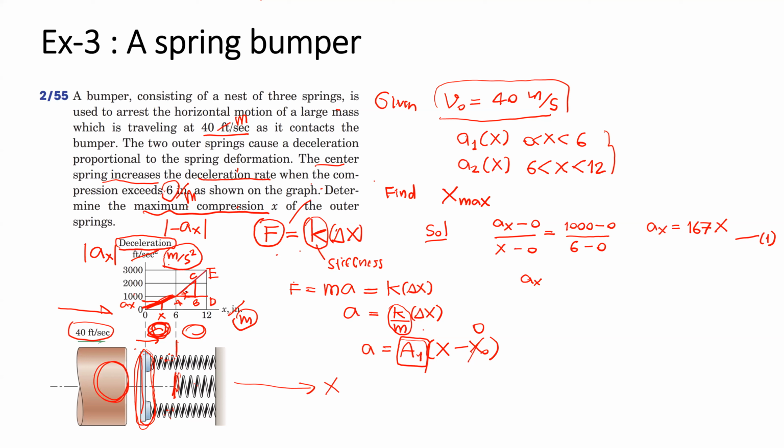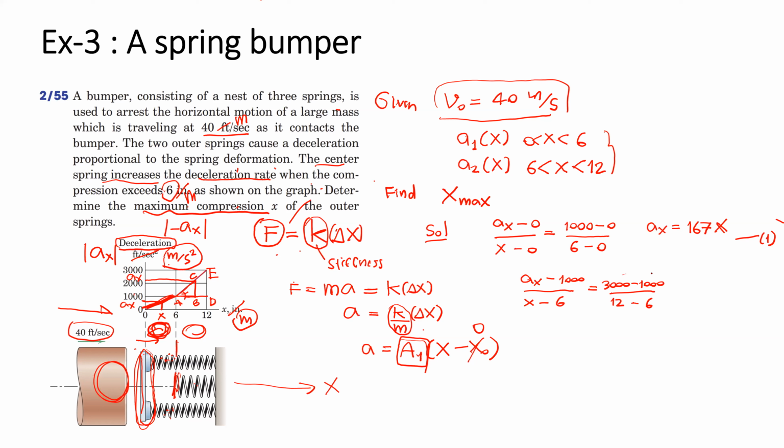So we have ax minus 1,000 divided by x minus 6 equal to 3,000 minus 1,000 divided by 12 minus 6, and we need to write this down.